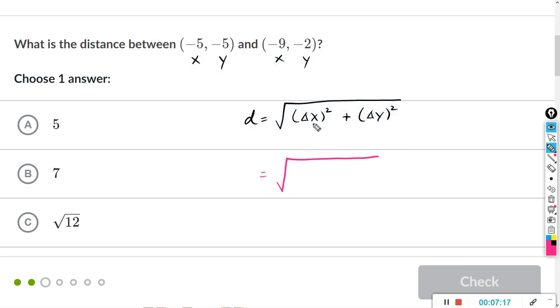Alright, so for the change in x, I'm going to do negative 5 minus negative 9. Okay, and that gets squared. And then for the change in y, I'm going to do negative 5 minus negative 2. Okay, remember that you're subtracting when you do the change in y or the change in x. And that gets squared.